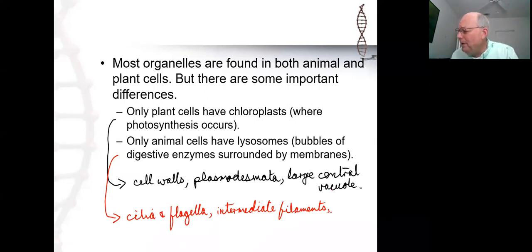And then you could put in here something called centrioles, which are associated with the cytoskeleton and are associated with cell division, and they are found uniquely in animal cells, because they are also derived from a feature that's associated with cilia and flagella. And there's a whole story that we could talk about that relationship, but we're not going to get into too much detail in this class.